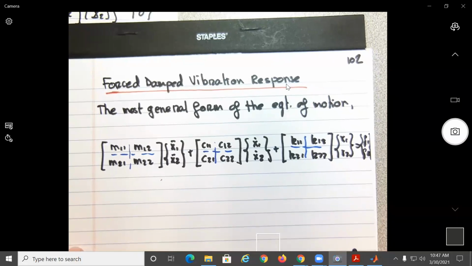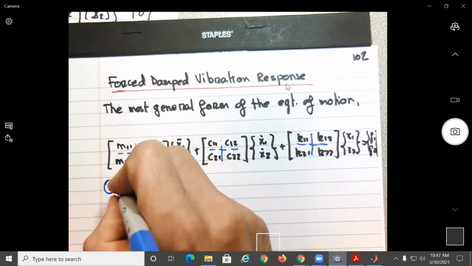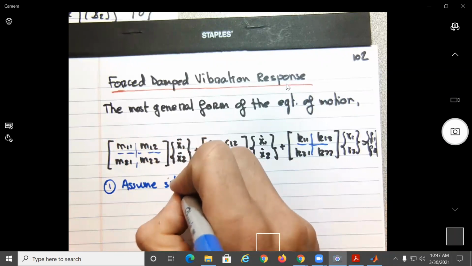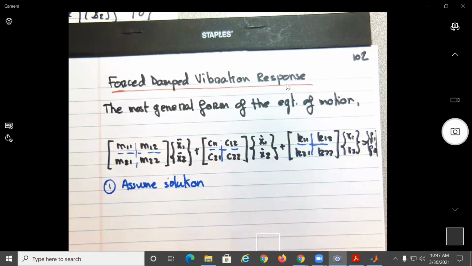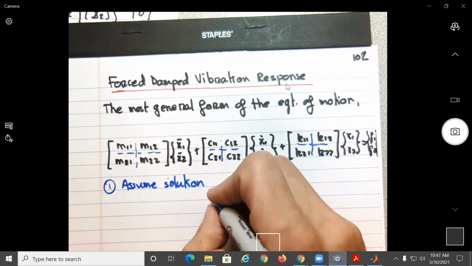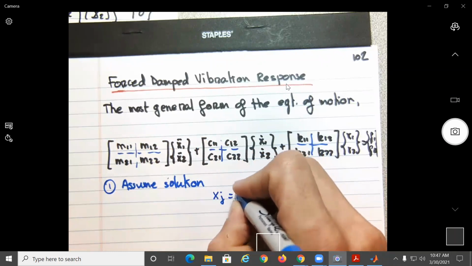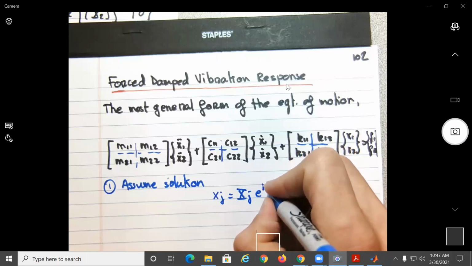Okay, so again, if you have this equation, what is the procedure? One, assume solution. What happens is that I do the general solution with the most general case, okay? Now, so assume solution. What will be the assumed solution? If I use index notation, x of j equal to capital Xj e^(i omega t).